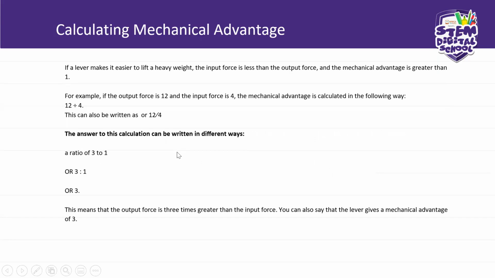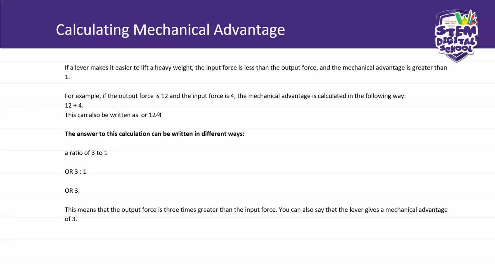Let's see how we calculate mechanical advantage. If a lever makes it possible to lift a heavy weight, the input force is less than the output force. I've said this, okay? And the mechanical advantage is greater than 1. For example, if the output force is 12 and the input force is 4, the mechanical advantage is calculated in the following way: 12 divided by 4.